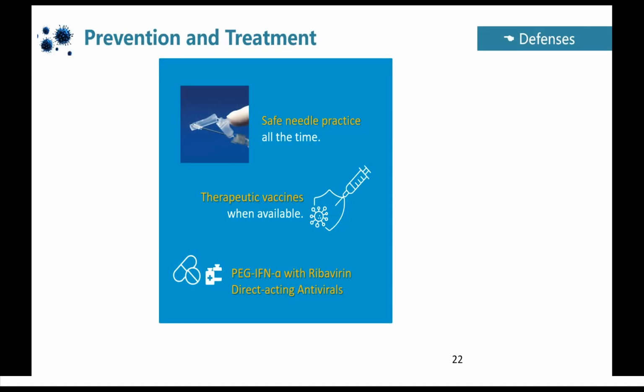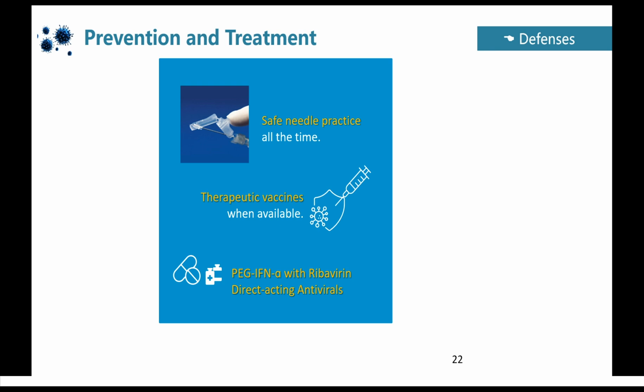So, prevention and treatment for hepatitis C, of course, safe needle practice because as we all know, HCV is transmitted via needle puncture. So, vaccines are available, but very difficult mag-develop ng vaccine to hepatitis C because, yes, exactly, rapidly mutating ang virus.